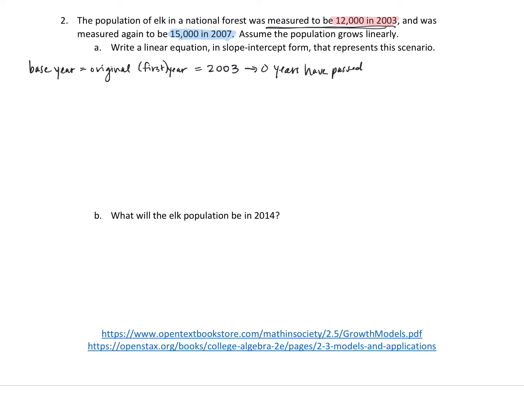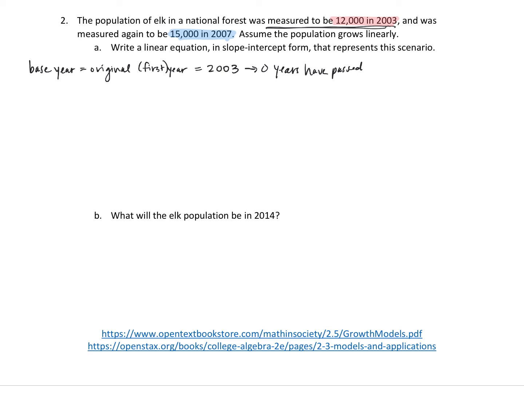Or it could be another scenario where they're dying off, not reproducing as much as they are dying, so it's decreasing. So the number of years that have passed since you've measured will allow you to see this change in the elk population.